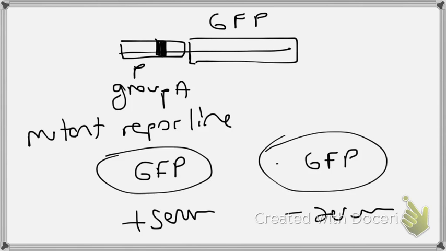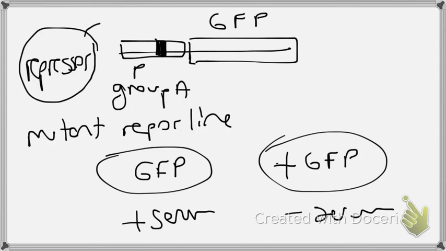Yes, because this is the site of a repressor, right? Our hypothesis is that the repressor is binding to this site, and it is doing that whenever you add the serum. So in the minus serum condition, there is no repressor, the expression of this reporter is going to be just fine, right?